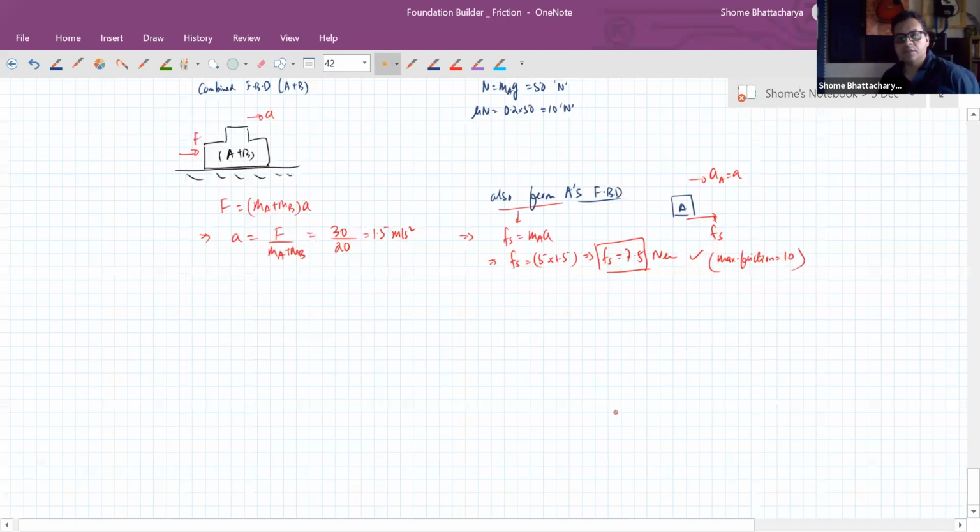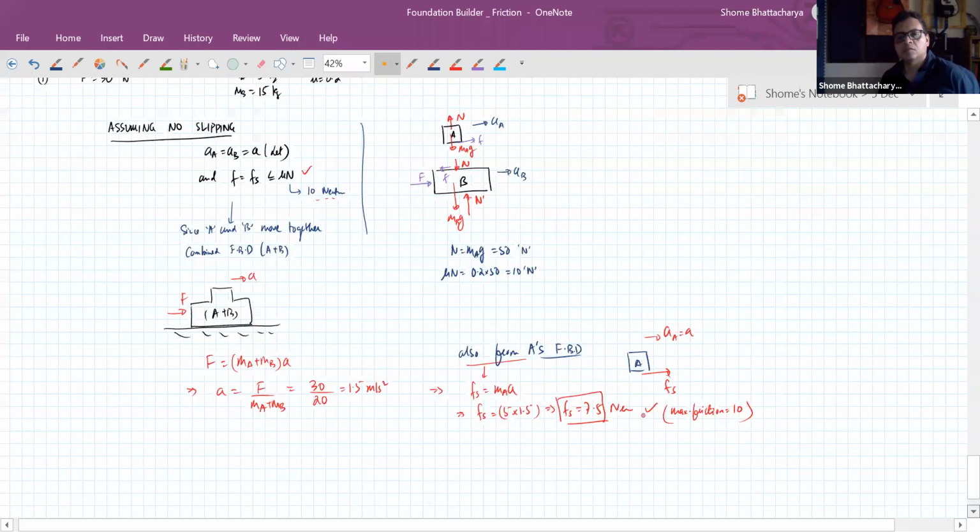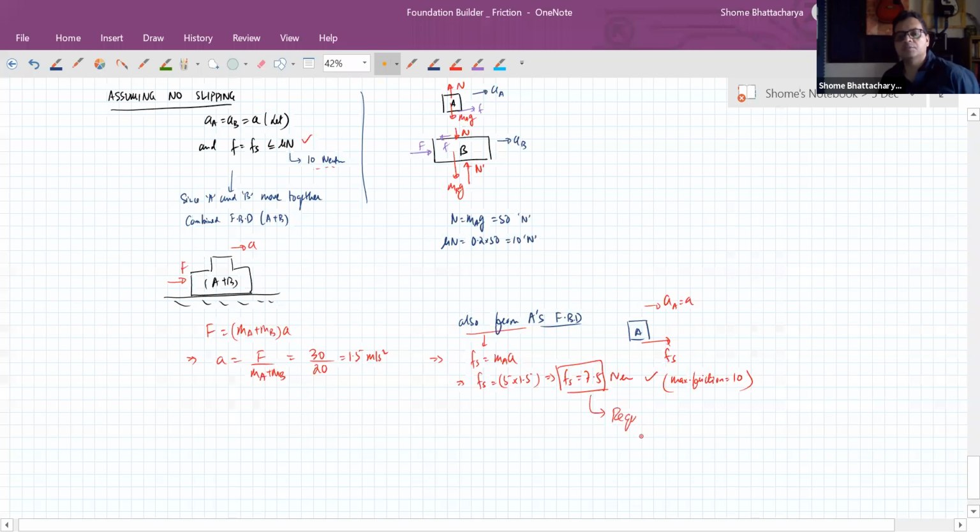So since the friction required to prevent slipping, this value, is less than the limiting friction, that is only 7.5 and the limiting friction is 10, that means our assumption of no slipping is correct.